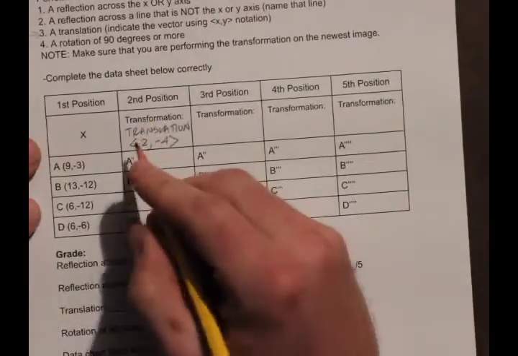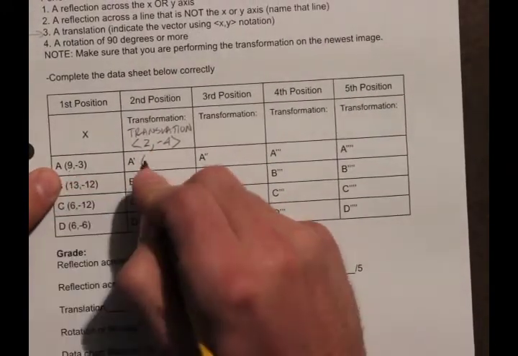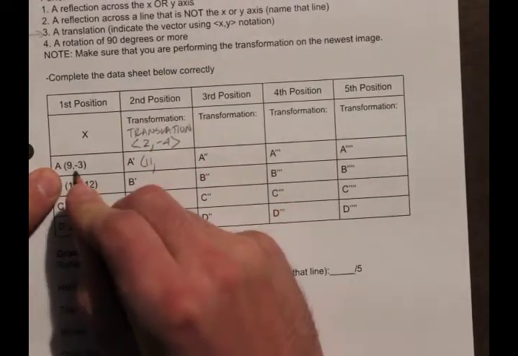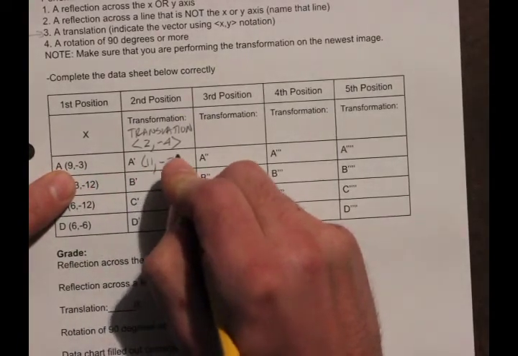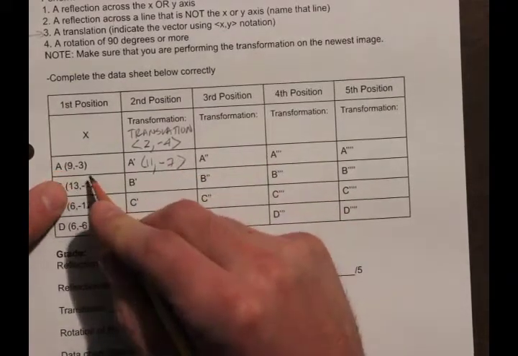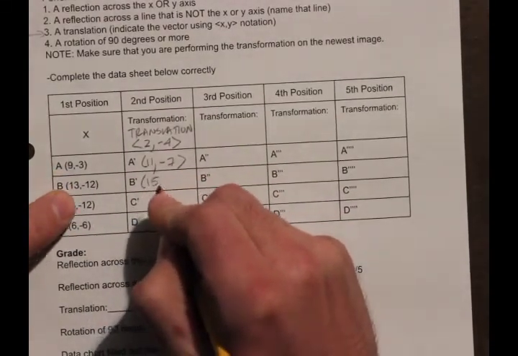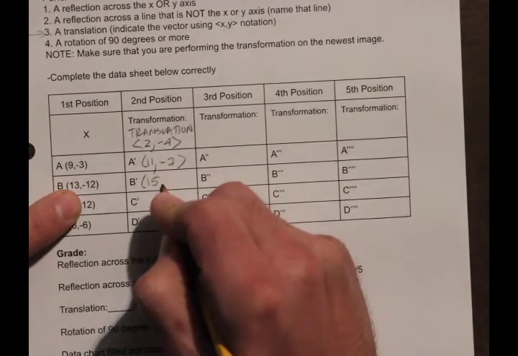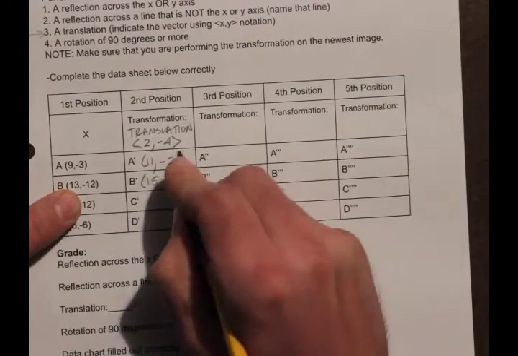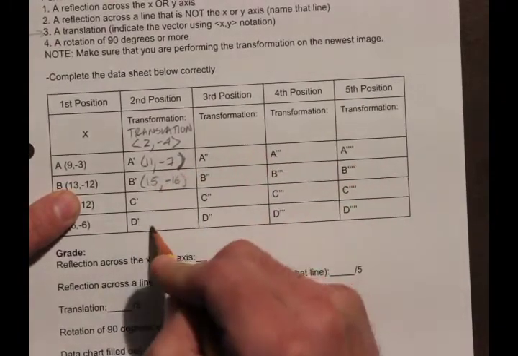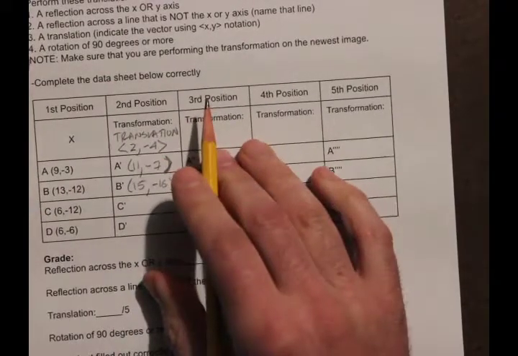And then my points would be, if I go 2 to the right, then my point would be 11, and then negative 7 for my A prime. And my B would be 2 to the right, so that'd be 15, and then 4 down, so it'd be negative 16. All right, now I would do that for all of those points. So that's when I did the translation.